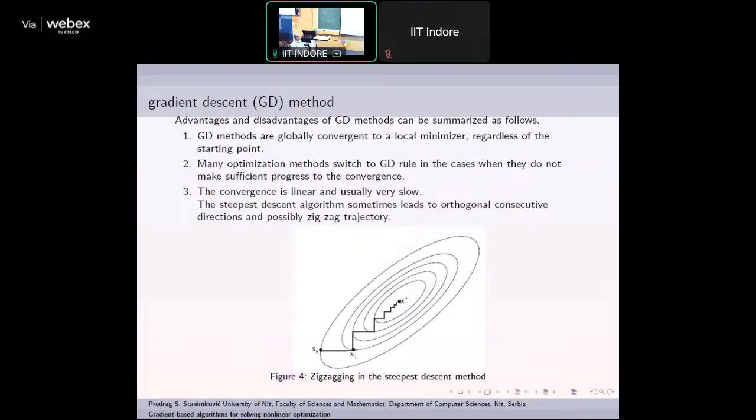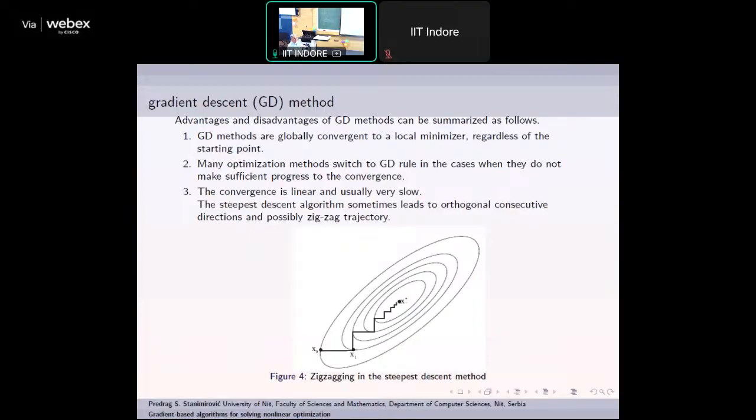Because of property 1, many optimization methods switch to GD when they have problems in convergence. Many better optimization methods, typically more complicated, when they have problems with numerics, with instability, switch several iterations to the gradient descent method to stabilize convergence and then continue in the normal way. Newton method uses this technique.